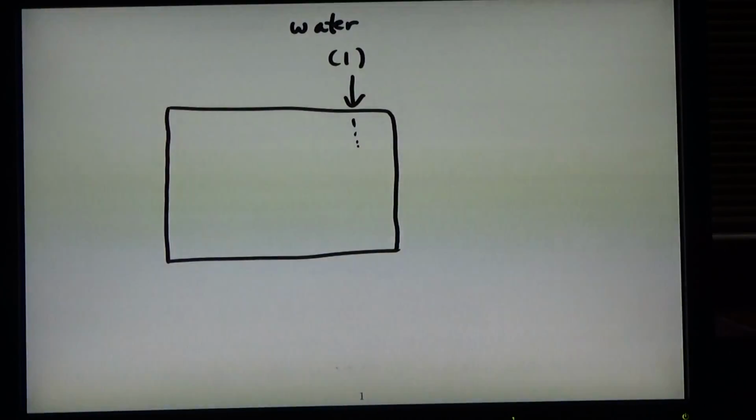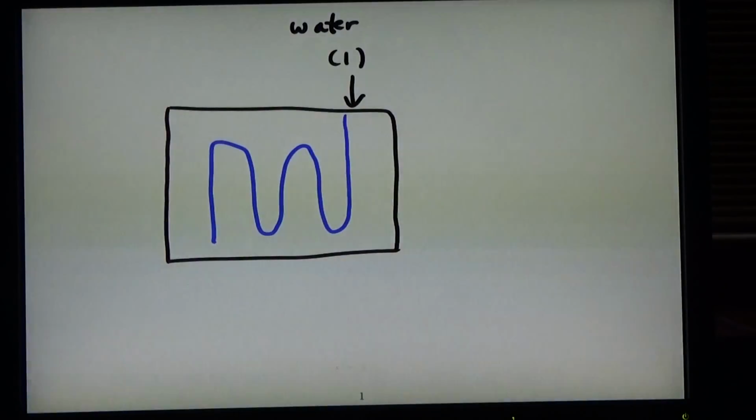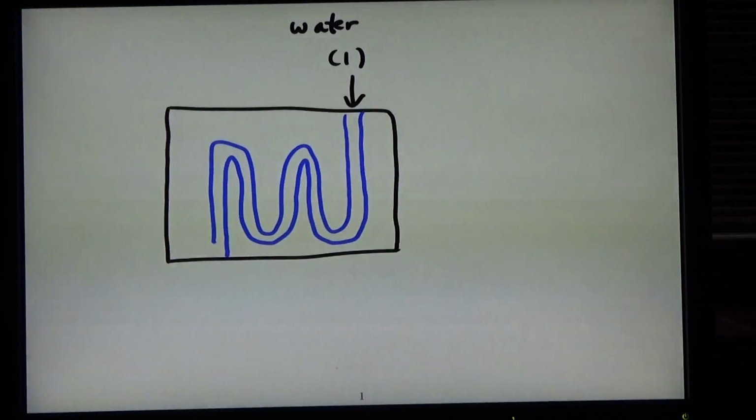So the water, if I kind of draw the water, it comes in, and let's say water is the one that goes through the tube. So water leaves at exit 2.